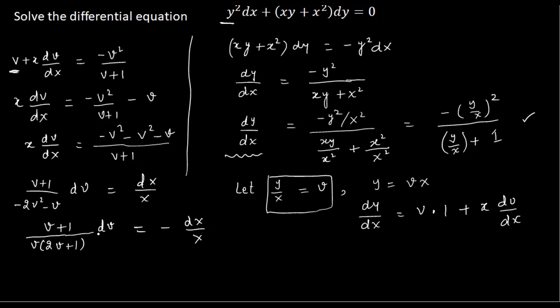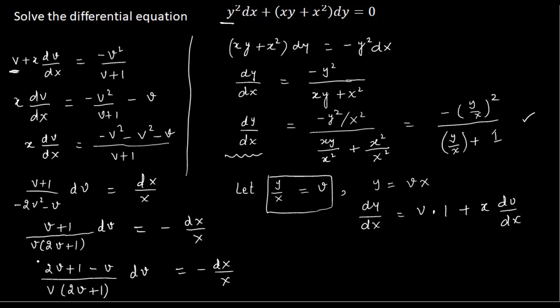Now we can write v plus 1 as 2 times (v plus 1) minus v over v times (2v plus 1) dv equals minus dx over x. It is very simple. We replace v plus 1 as (2v plus 1) minus v, so that once we distribute, 2v plus 1 is cancelled in one term and v gets cancelled in the other term.